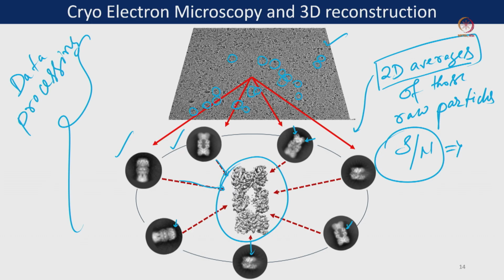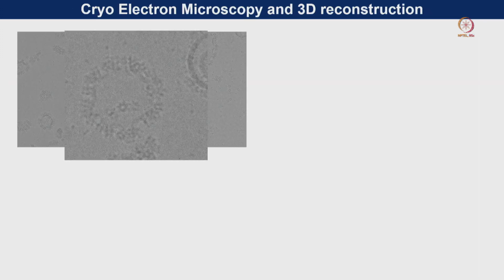We will discuss in a later stage what 3D reconstruction is and how we can calculate it from our raw particles. We will do all this data processing in Fourier space. At that time the Fourier transform will come into the picture and help us do the 3D reconstruction.